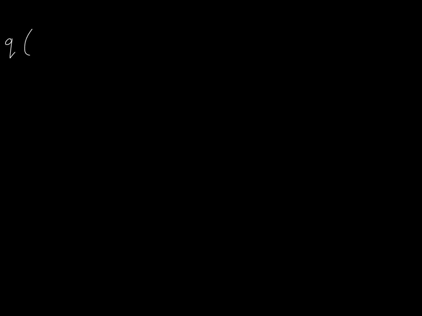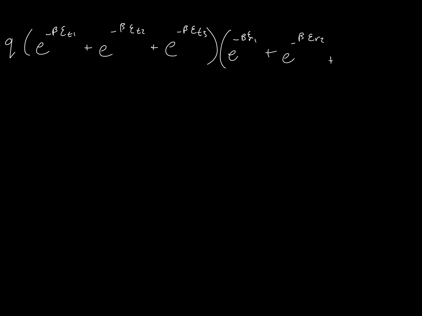We can write it now as e to the minus beta epsilon T1 plus e to the minus beta epsilon T2 plus e to the minus beta epsilon T3, times e to the minus beta epsilon R1, and so on, basically just factoring and simplifying the system.